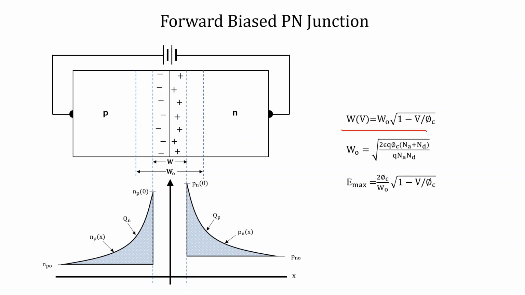So this is the final expression for the depletion layer, and on similar lines we have derived the maximum electric field. This maximum electric field in the PN junction depends upon the biasing voltage. So if the forward voltage is high, Emax will be lower. If the PN junction is reverse biased, then it will become plus here, and Emax will increase.